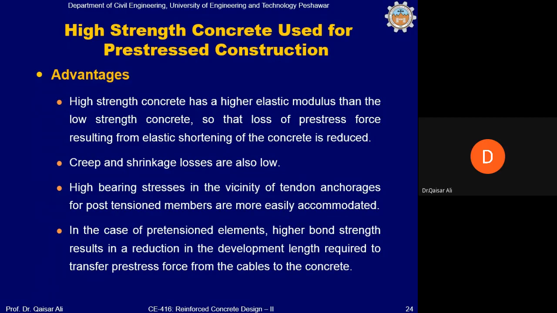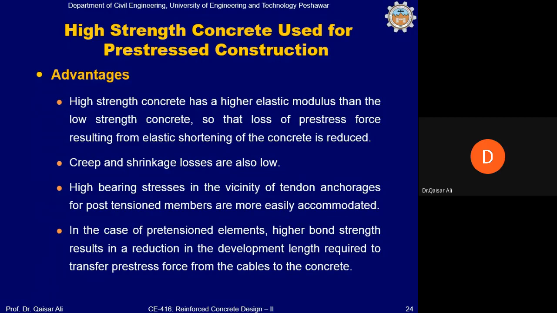And when steel wires or cables are stretched after concrete has attained its full strength, it is called post-tensioning of steel wires or cables. So these are called the post-tensioning technique and the pre-tensioning technique.